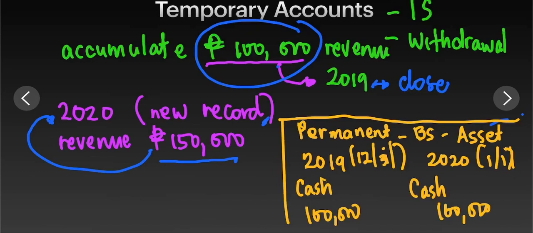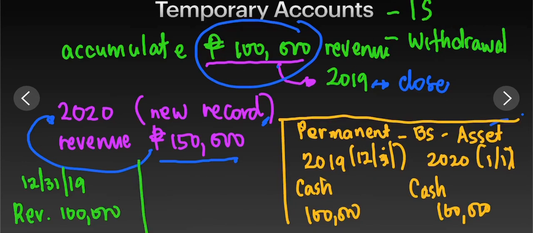Unlike temporary accounts, let us say December 31, 2019, your revenue is 100,000. When you start your January 1, 2020, your revenue is actually 0.